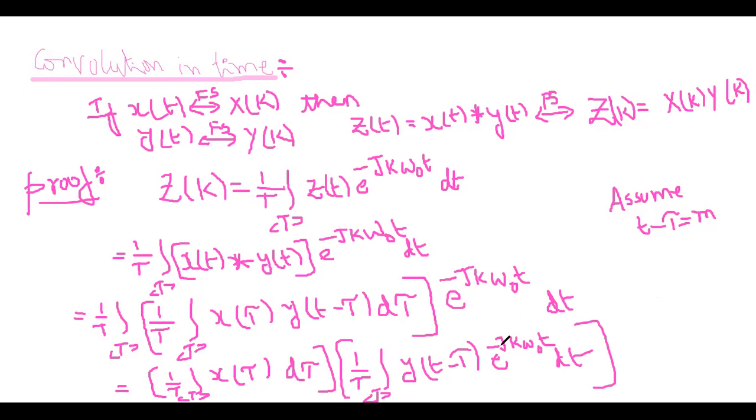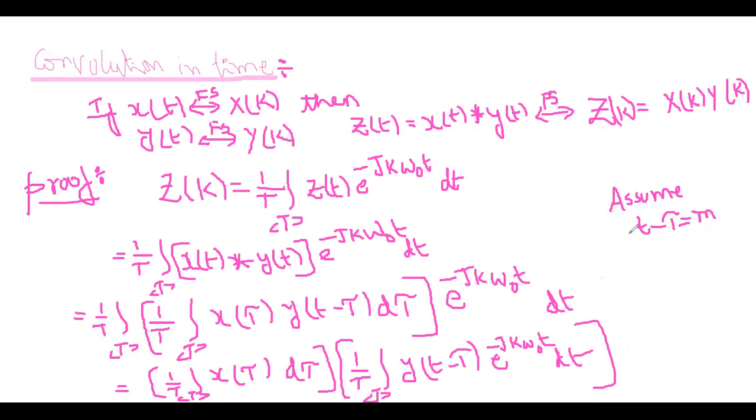Or otherwise, by using the time shift property, you can replace this total in the parenthesis as e power minus jk omega naught t naught, actually instead of t naught here the tau, into dt, y of k.